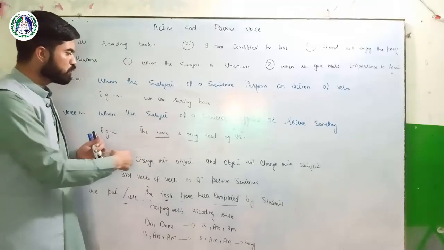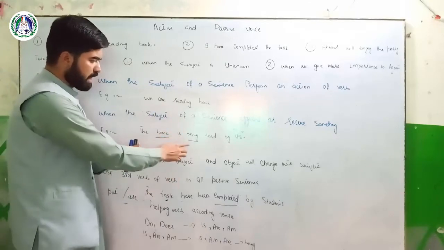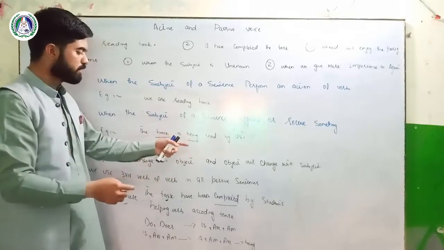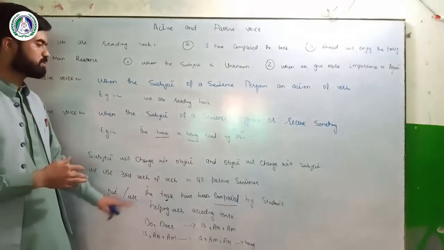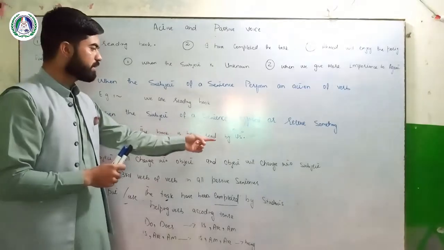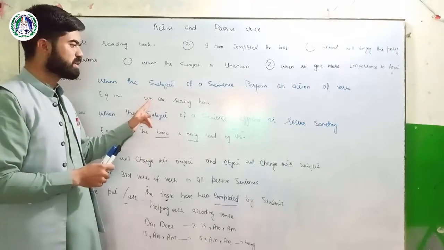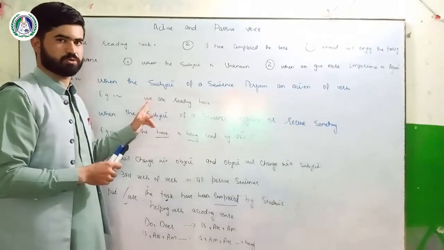After that I use is being, okay? The is comes in the same place and I added the word being according to the third rule that we use being in all progressive sentences, okay, and read by us, and us is changed because our subject was we in this portion.